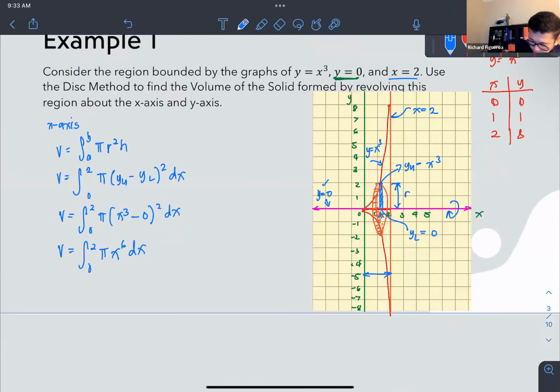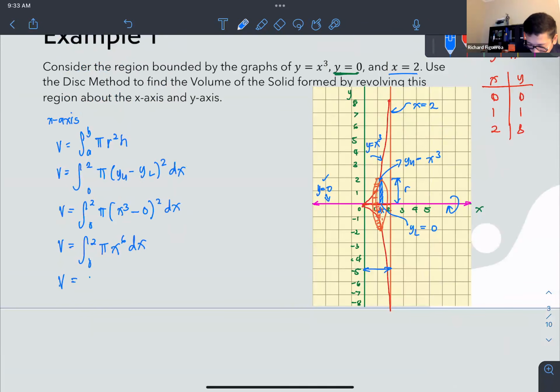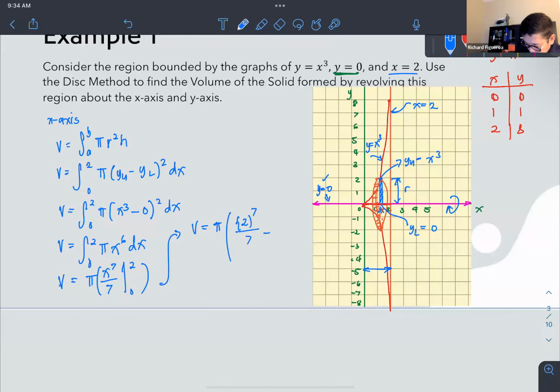And then the volume will be pi times the integral of x to the 6, which is x to the 7 over 7. And then we are going to evaluate it from 0 to 2. So the volume would be pi multiplied by 2 raised to 7 over 7, minus 0 raised to 7 over 7.